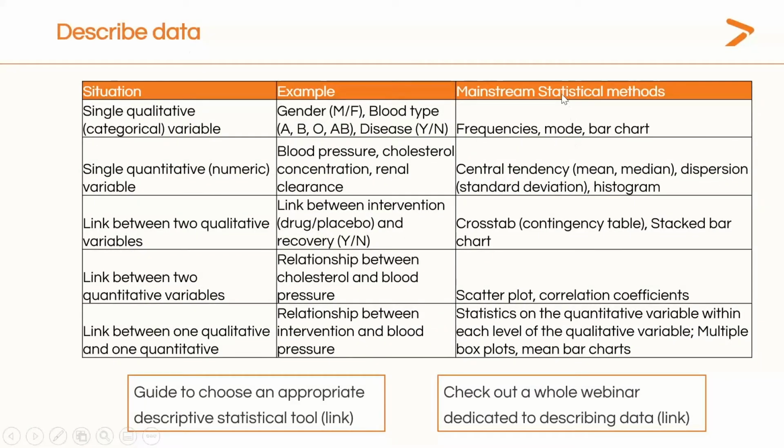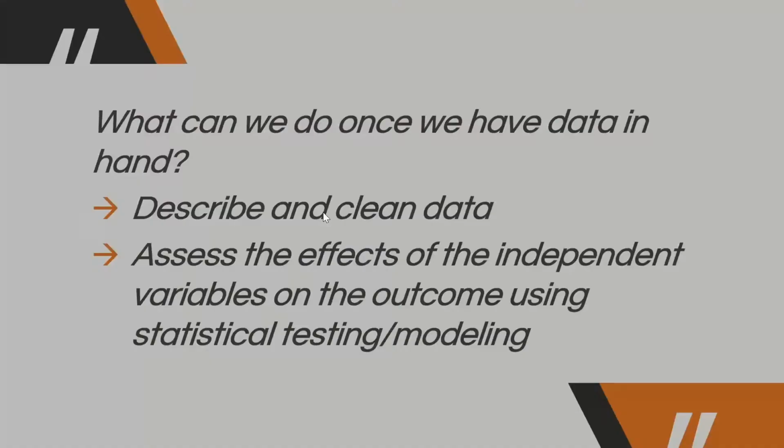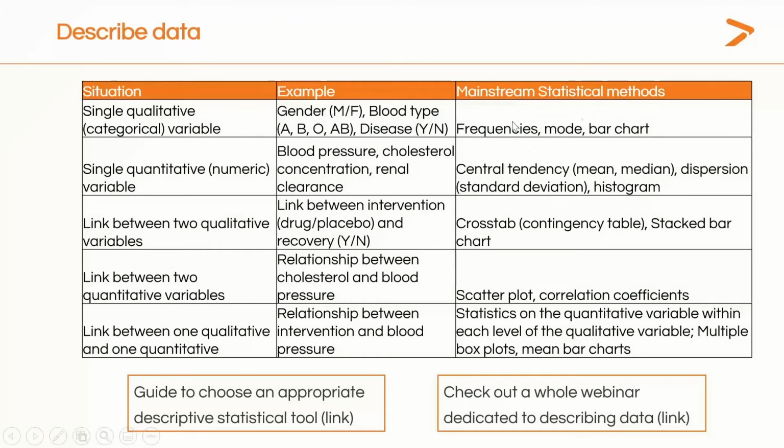These are some statistical methods for data description. According to the type of variables you want to describe, there are mainstream statistical methods that I recommend. So for instance, if you have qualitative variables you want to study, the gender, or this type of house variable, you can use these statistical methods.